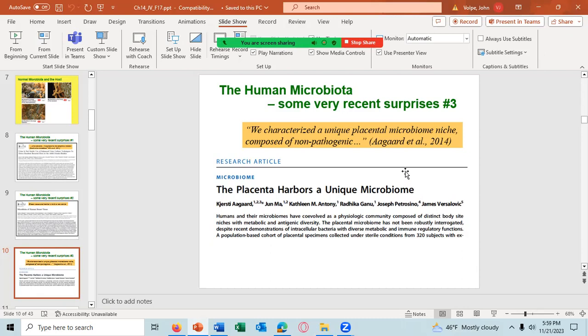All there is between the uterus and the lower female reproductive system is the placenta, and not the placenta, it's a sphincter, but it's still open to the outside.